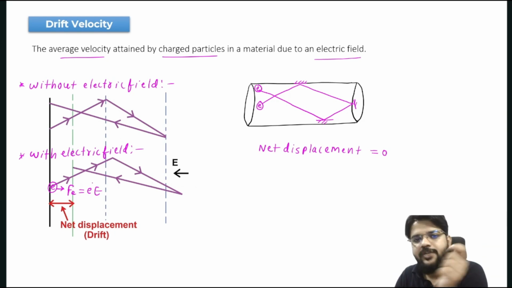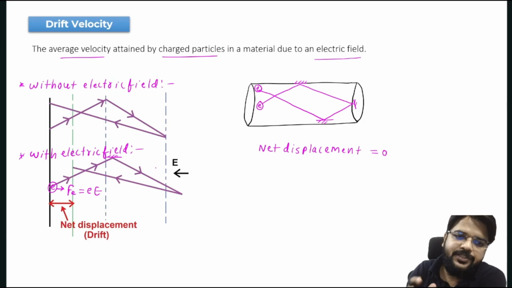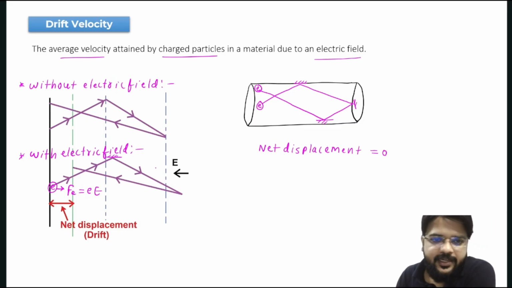So due to this electrostatic force, it moves in the forward direction. And let's suppose a proton is present here, so a collision happens between the electron and the proton. It changes its path. But right now, in the forward direction, some electrostatic force is acting. Due to this, it travels some extra distance.